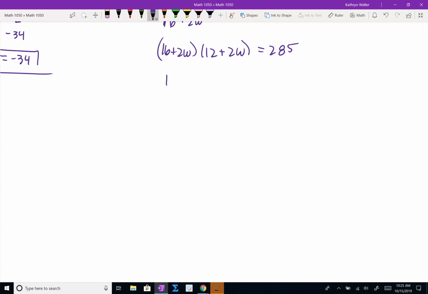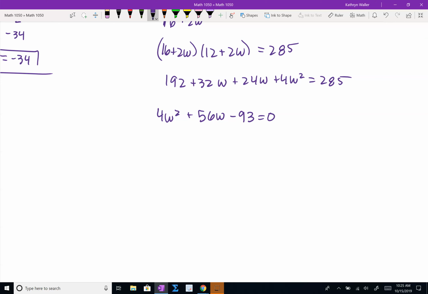So this is 192 plus 32W plus 24W plus 4W squared is equal to 285. So now I have 4W squared plus 56W. Bring your 285 over, and you get negative 93 is equal to 0.